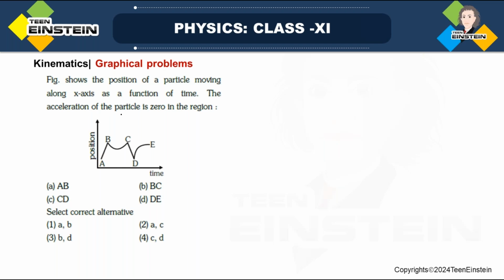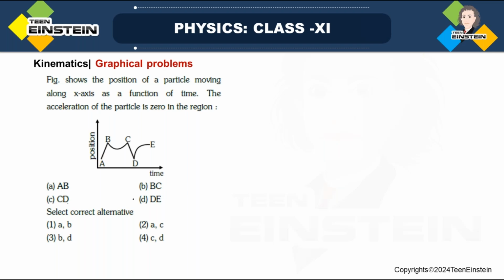The acceleration of the particle is 0 in the region. So you have to show where the acceleration will be 0. There could be more than one region. In the options you see AB, BC, CD, and DE. These are the regions. Okay, the 4 regions are there.